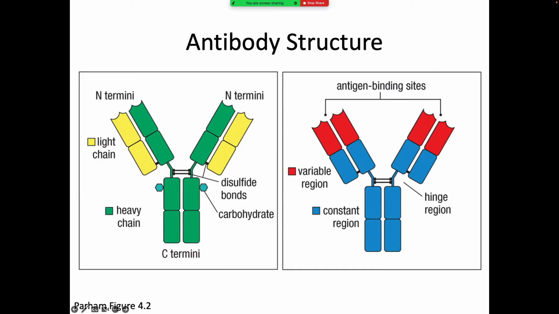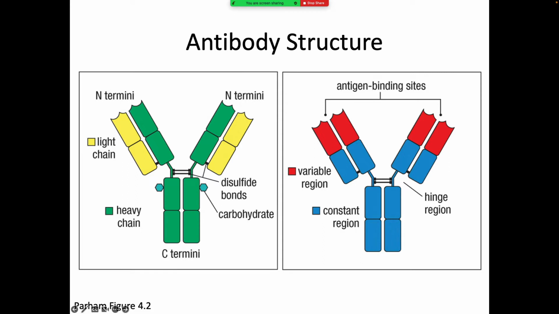But the part that I really want to spend a little bit of time talking about now is the variable region. And when I talk about the variable region, it is made up, as you can see, of both part of the heavy chain and part of the light chain. We do sometimes refer to this as the heavy chain variable region.